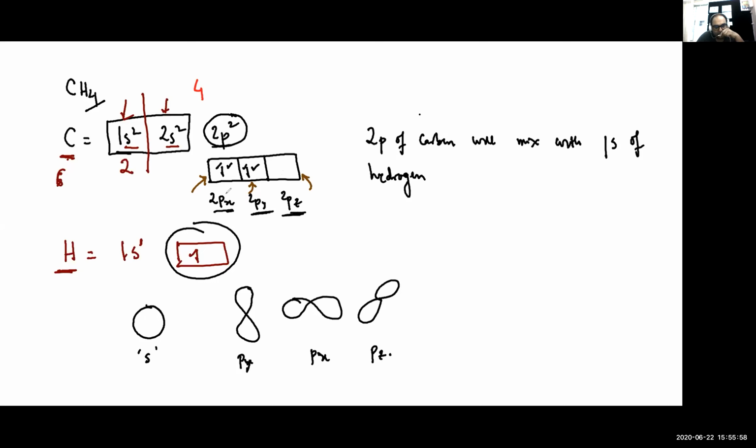So what basically happens is carbon initially has 2s2 and 2p2.